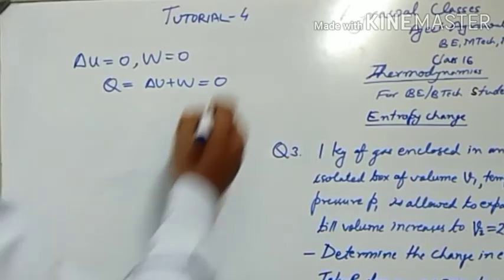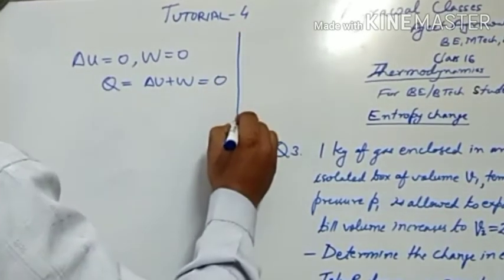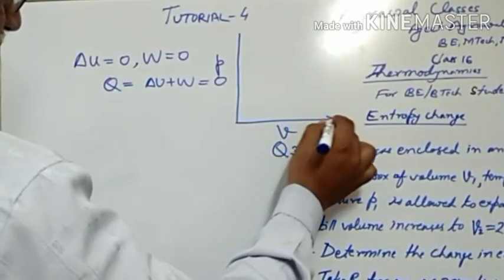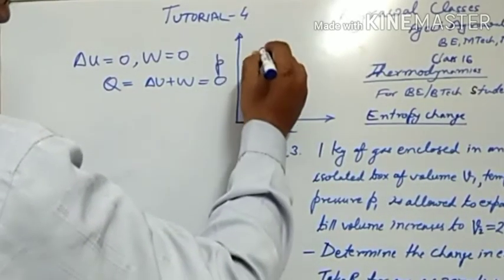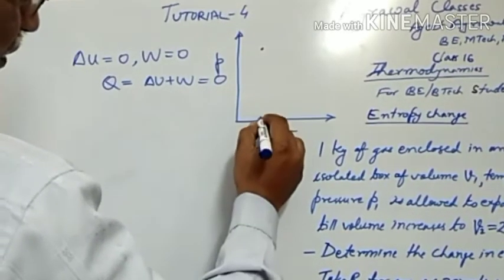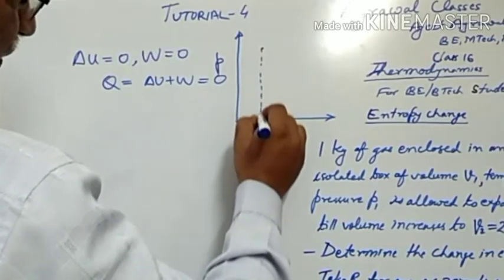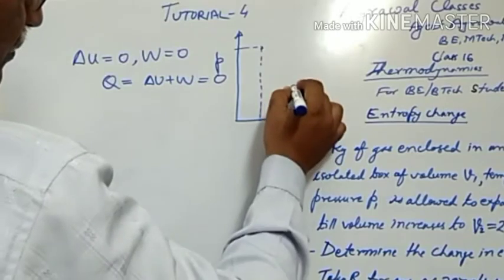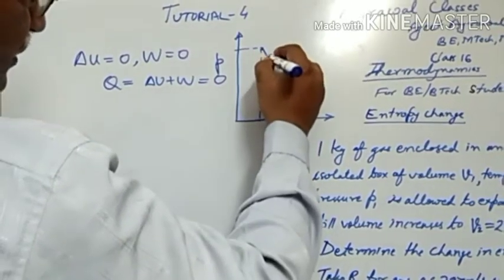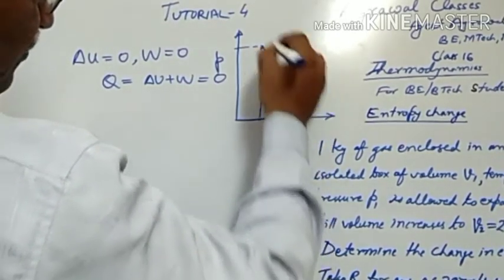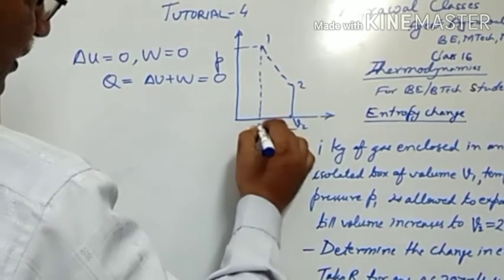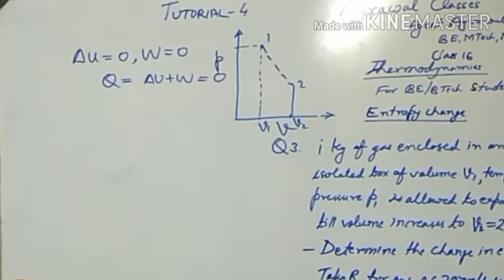This process we can represent on the PV diagram like this. Here the volume V1 and pressure P1, and the volume is doubled, so say up to this point. So this is the process from 1 to 2, where the volume is V2 and here the volume is V1.